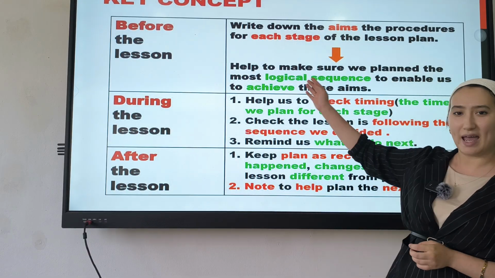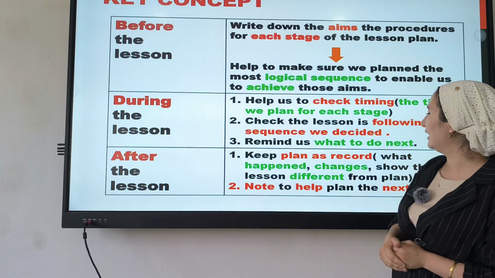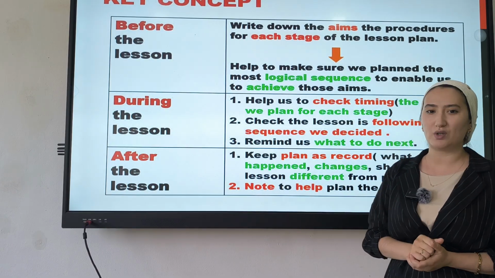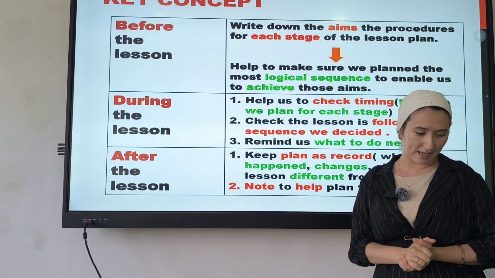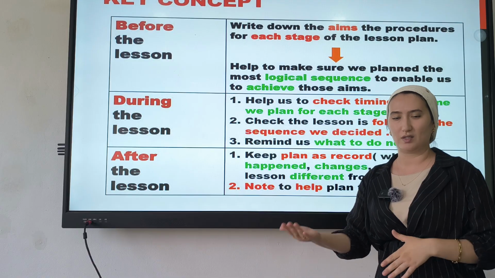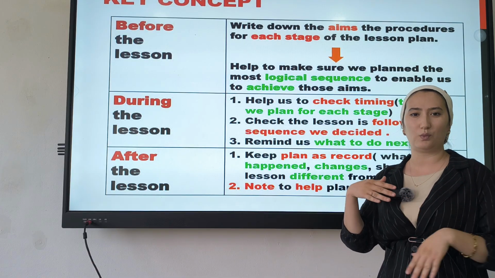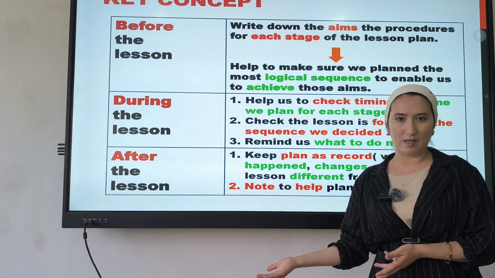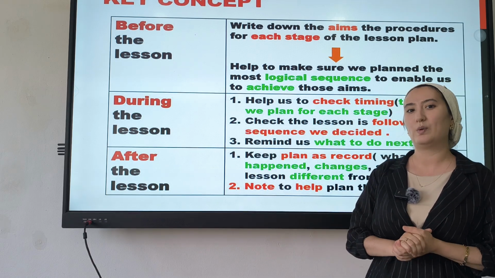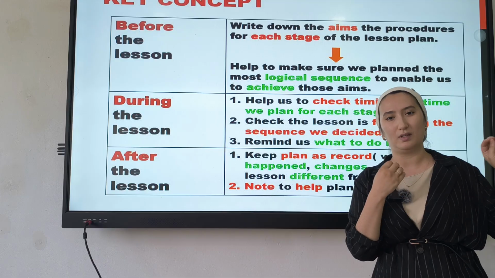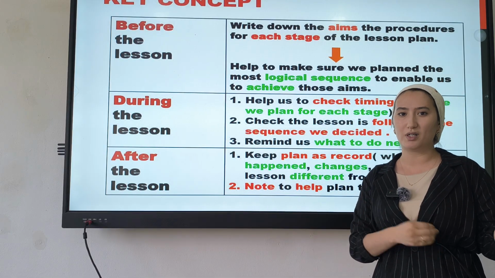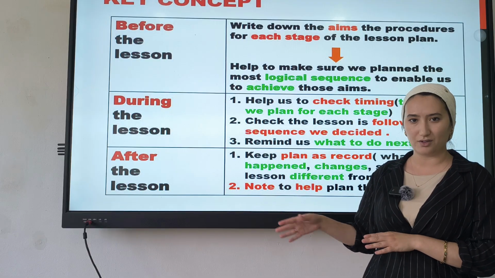It helps us to make sure we plan the most logical sequence to enable us to achieve those aims. During the lesson, what we want to teach our students, with what activities, with what kind of games maybe we can add in our lesson. So in the main stage we write down such activities, warmers or leading activities, and others as well.